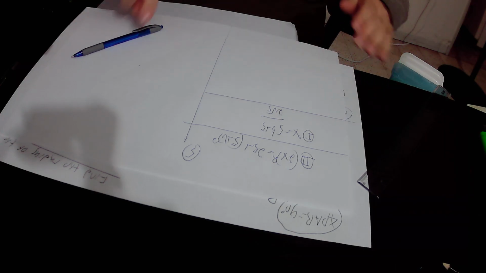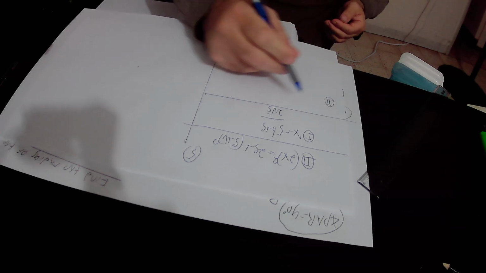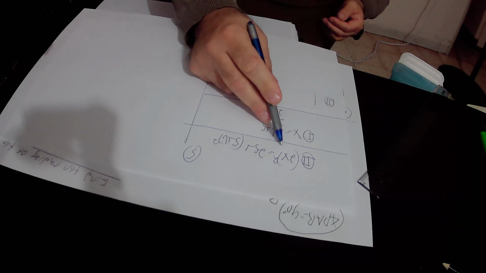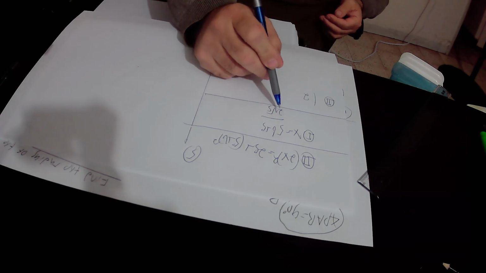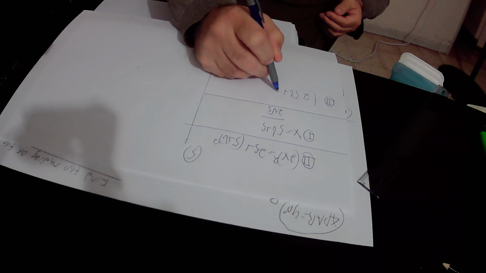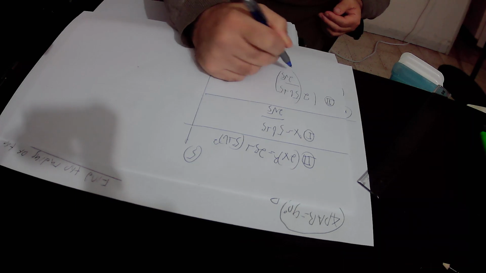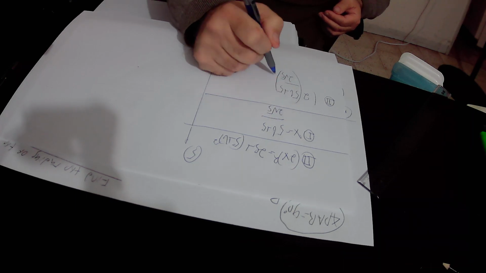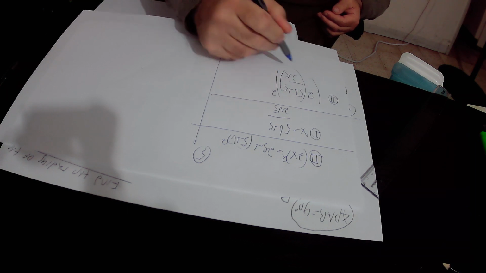We'll do it now, and according to equation number 2, we have (2x) squared, so it is 2 times x, and x according to equation number 1 is (5b plus 5) over 2 times square root of 5. So it is squared.